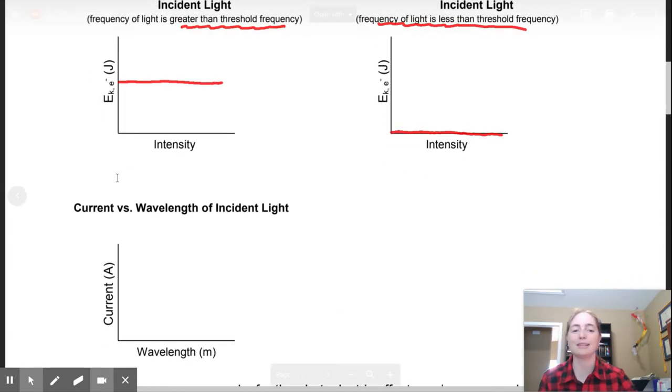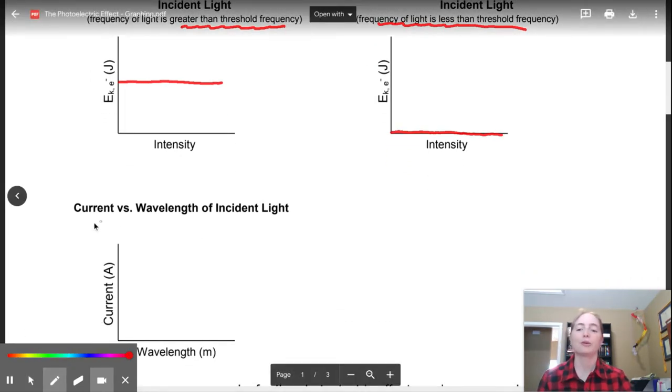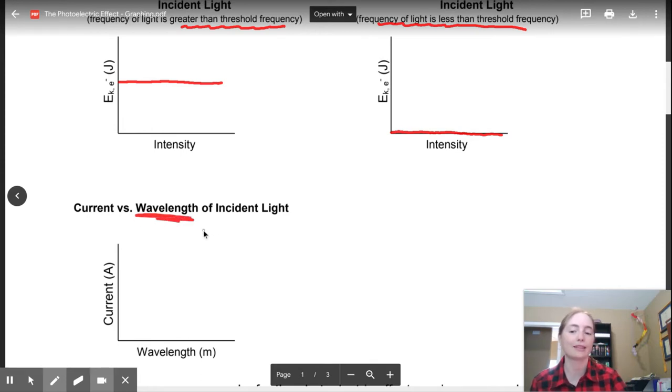So another piece here, ladies and gentlemen. So our current versus wavelength of light. Now remember that the current is proportional to your intensity. Okay, so in this case, what's going to happen is the current is going to stay the same as our wavelength gets larger. Now remember, when wavelength gets larger, frequency gets smaller.